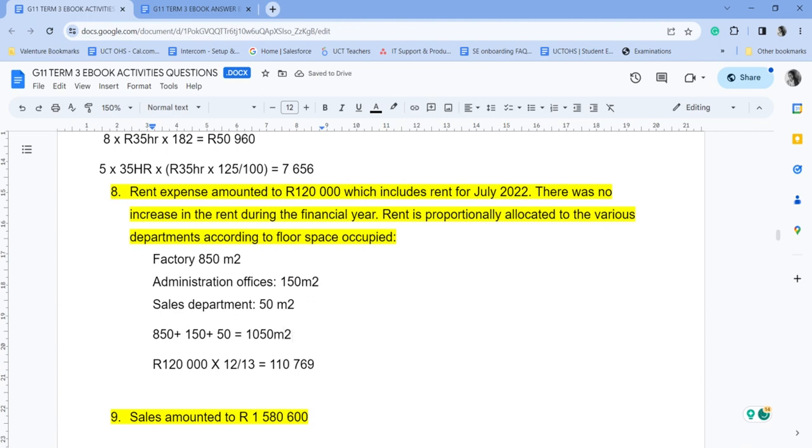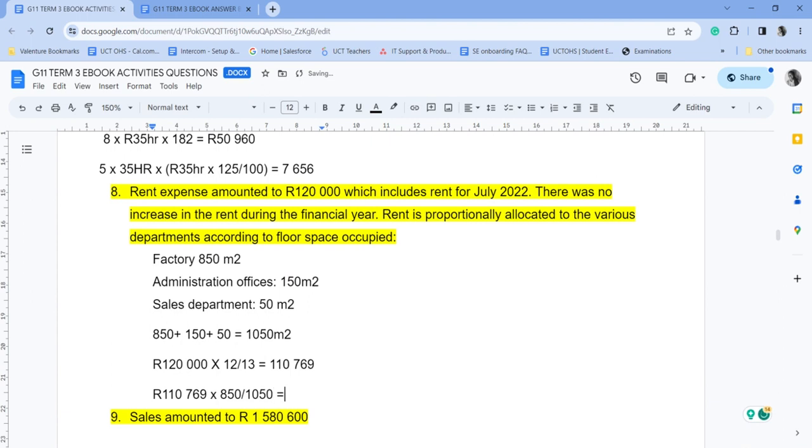So for me to continue with my working here, I will have to say the rent for the whole building multiplied by factory. Factory is 850 divided by the total parts, which is 1050.